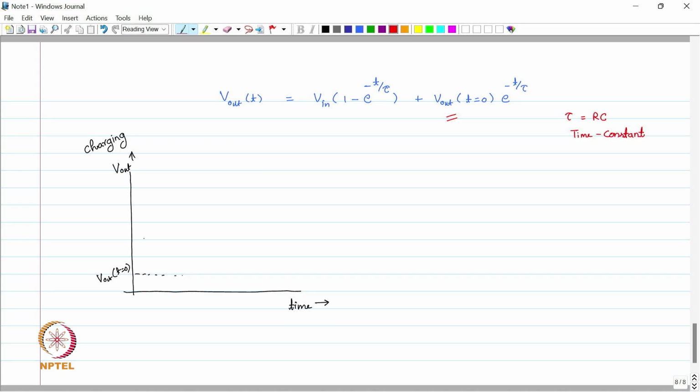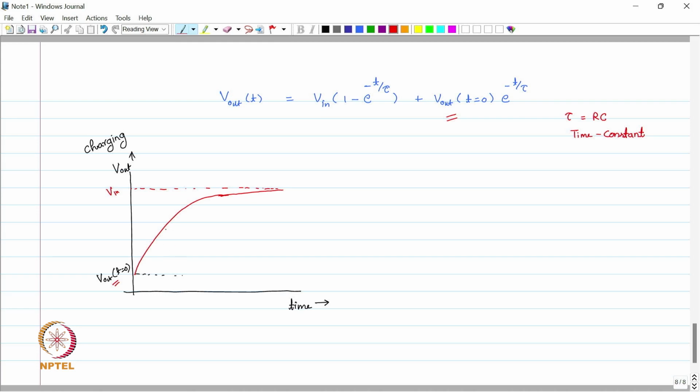So in the charging case, the capacitor is initially charged to V out at t equal to 0, and then we apply a V in, which is, let's say, here, and the output voltage rises exponentially, something like this.